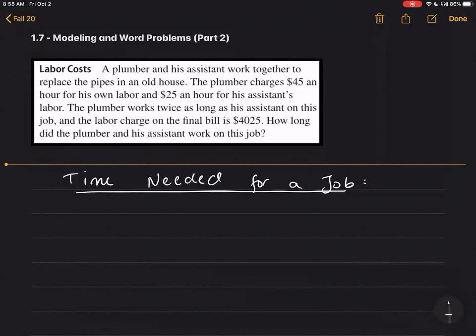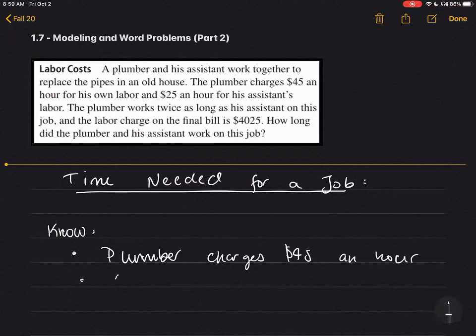So there's a lot of numbers here, as usual with word problems. Let's just write down what we know. First off, the plumber charges $45 an hour.